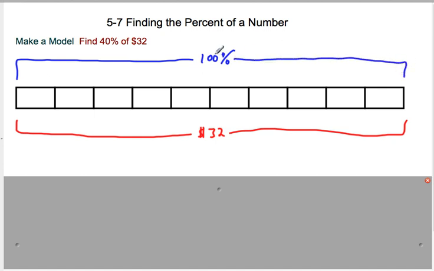Now, 100% divided into 1, 2, 3, 4, 5, 6, 7, 8, 9, 10 squares would be 10% apiece. Alright, so what we have here is 10%. I'm just going to keep cloning that. There we go.